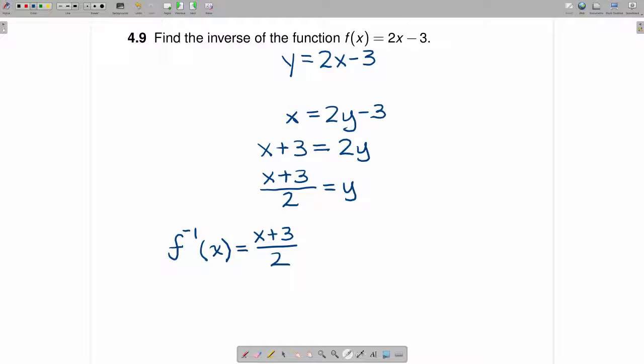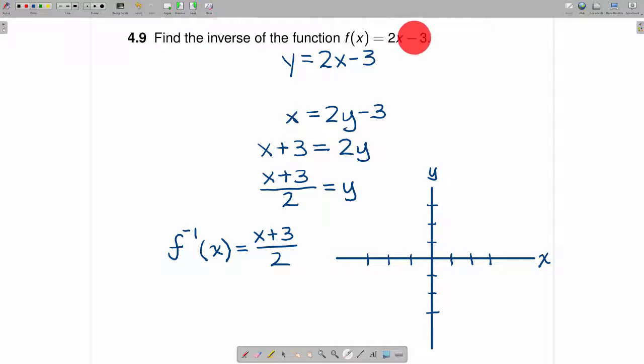If you want to see this graphically, you can do the following. Here is the horizontal axis x and the vertical axis y. A couple tick marks in every direction. Well, what is this original function here?